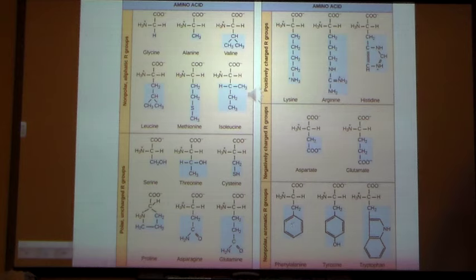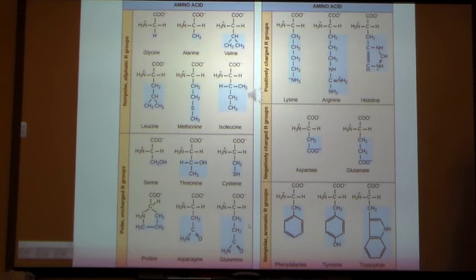You can see here with a benzene ring, like phenylalanine, tryptophan, tyrosine. And then you have some polar ones, which contain additional OH groups. Cysteine contains sulfur, and you can see proline here has an extra group. Then you have asparagine and glutamine, which have an extra CONH2 group. They have these polar side groups.